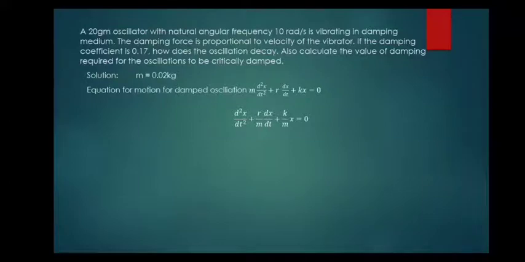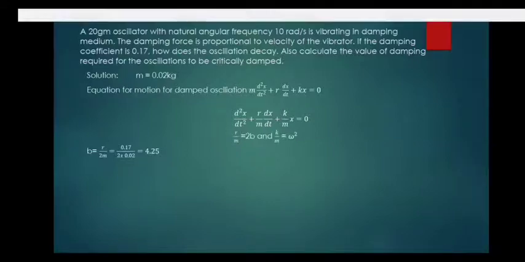Here r by m is taken as 2b and k by m is taken as omega square. So b is equal to r by 2m, which is equal to 0.17 divided by 2 into 0.02, equal to 4.25. On squaring, you will get b square equal to 18.06.